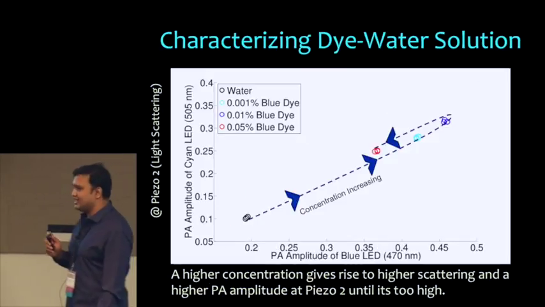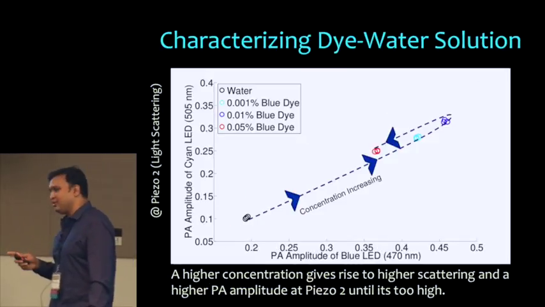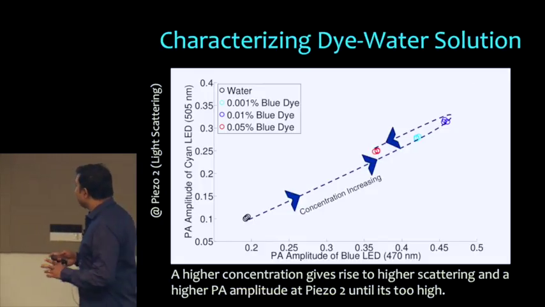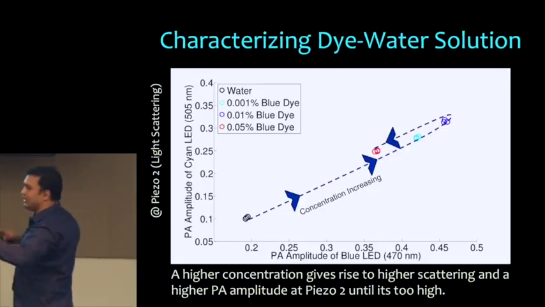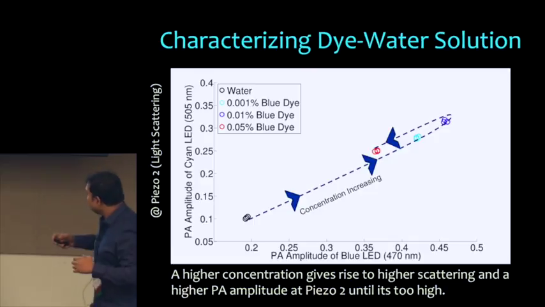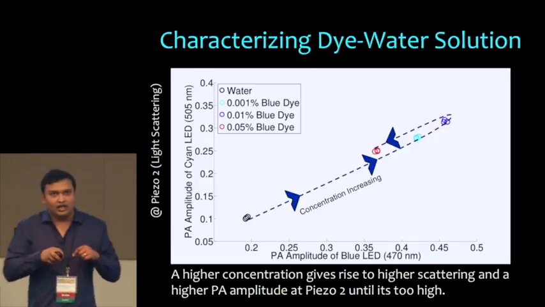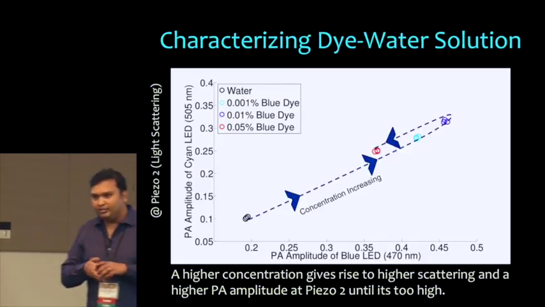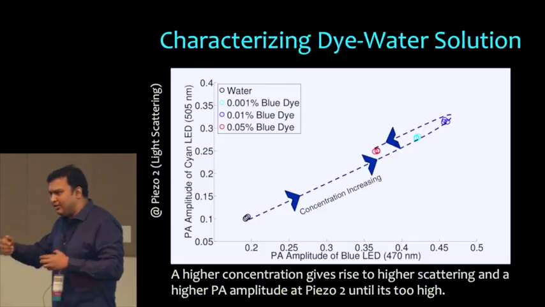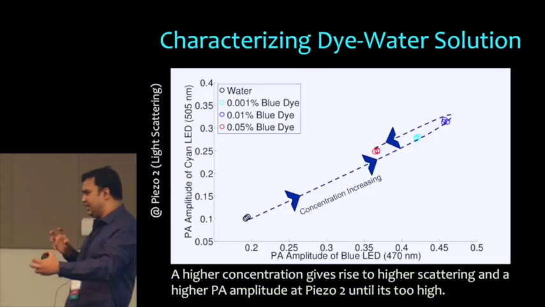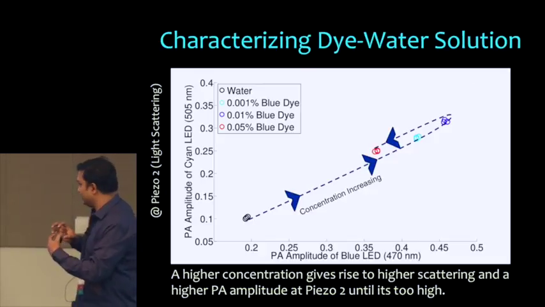A little bit more interesting thing happens for piezo2, which is capturing the scattering. Now the water is at the bottom right corner, right? What we expect is that as we add more and more dye to it, a lot more molecules will scatter the light and steer it toward the side piezo2, which is positioned at the side.